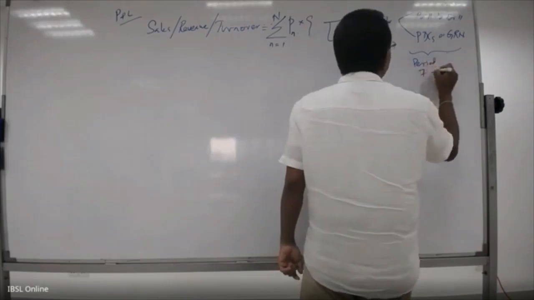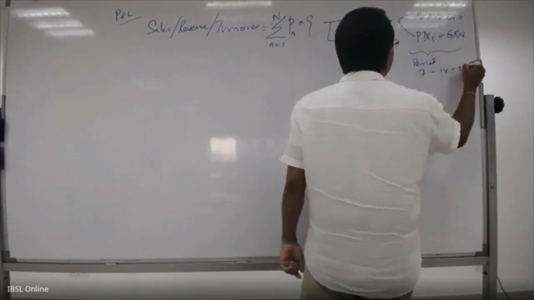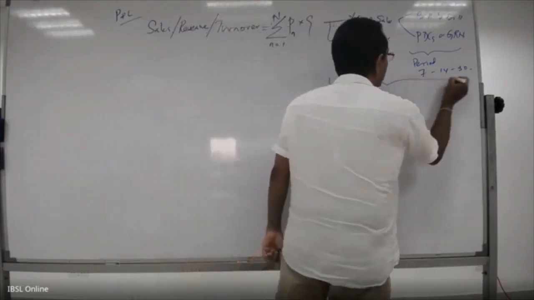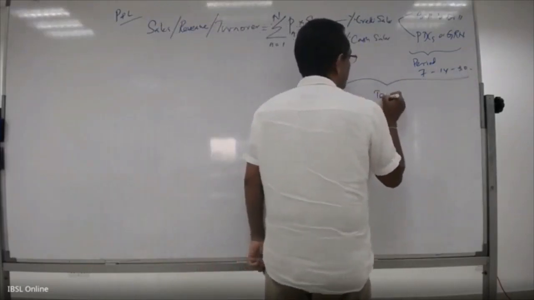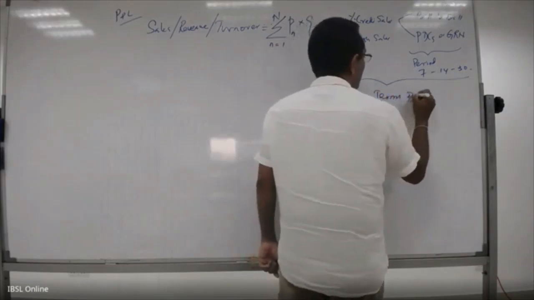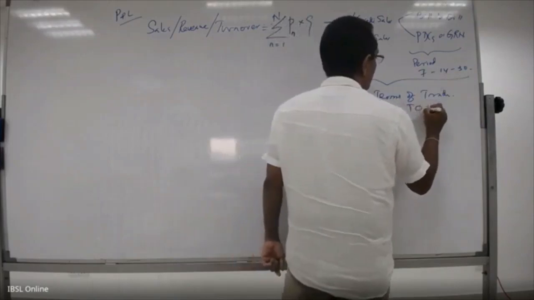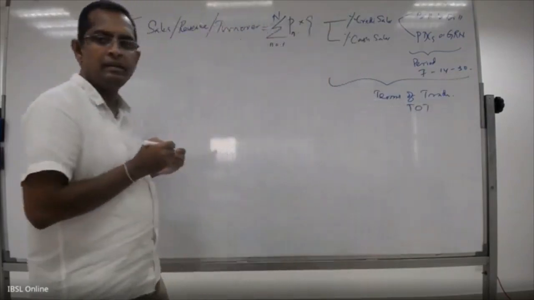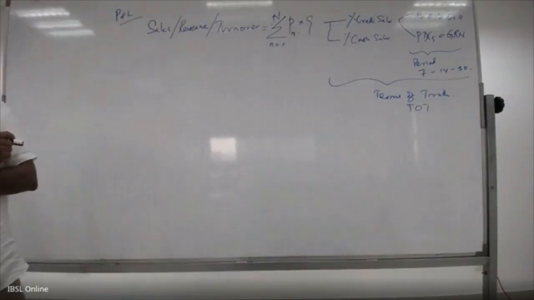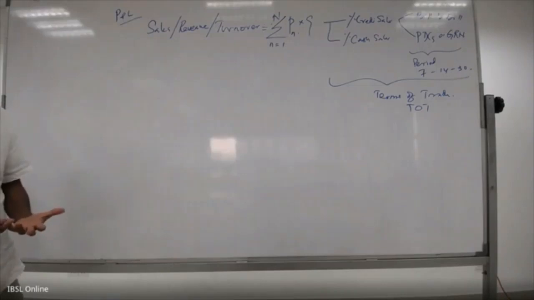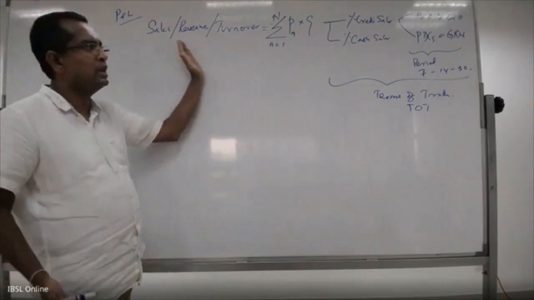Right? 7 days, 14 days, 30 days, whatever the period. This part is called terms of trade, TOT. Right? This is the top line of a business. This is how the performance, how much they have sold, how much can they increase. So this is the operational level of the business.